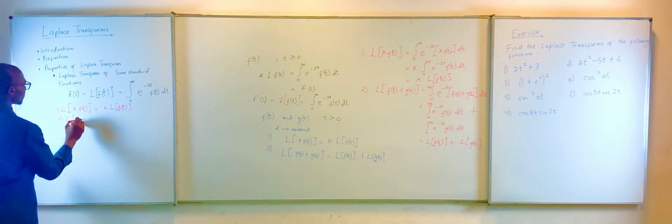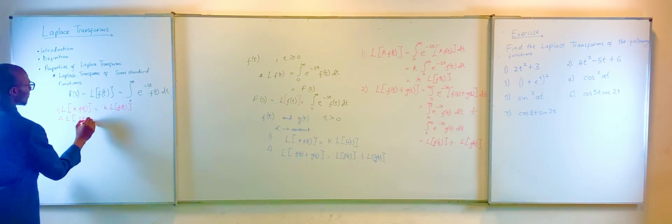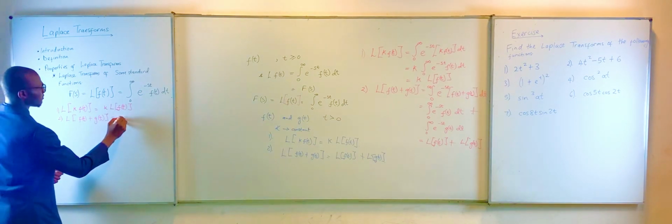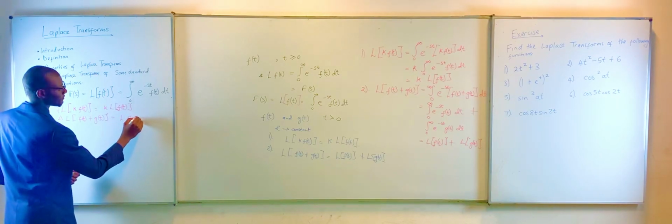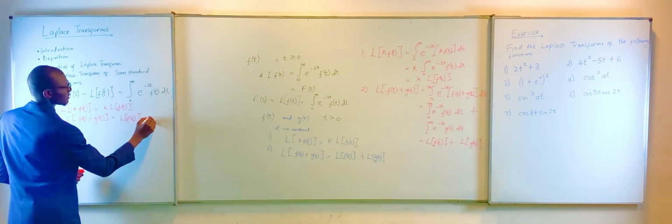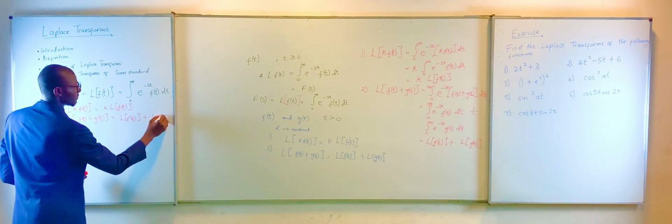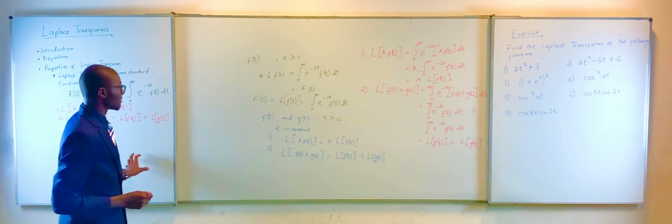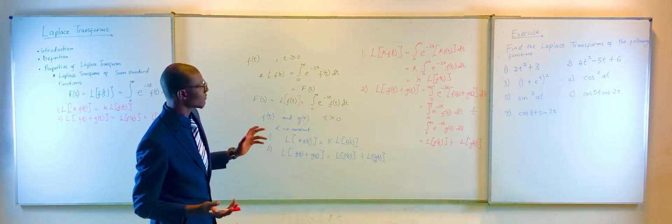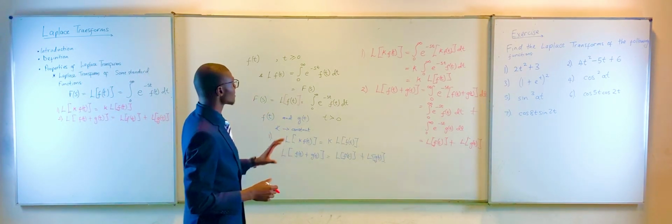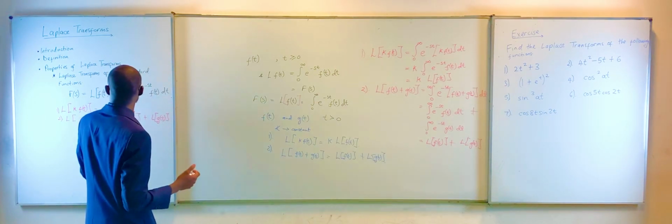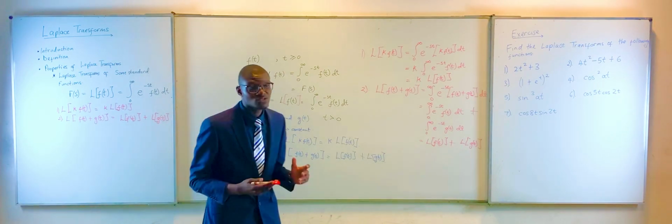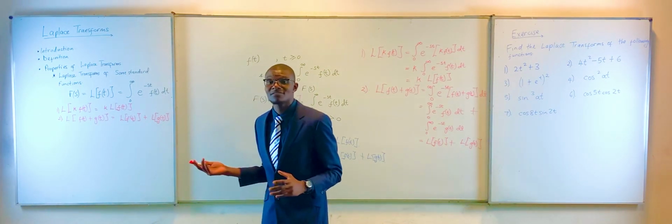We also have the Laplace transform of f of t plus g of t being equal to the Laplace transform of f of t plus the Laplace transform of g of t. So this is the first situation that we have. So now I'll allow you to erase this so that we can go on to look at the Laplace transforms of some standard functions.